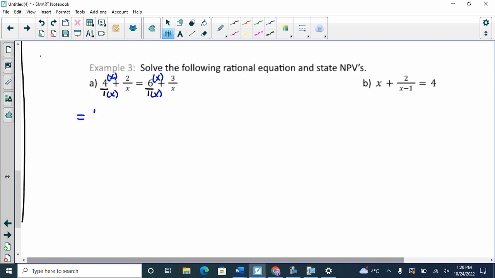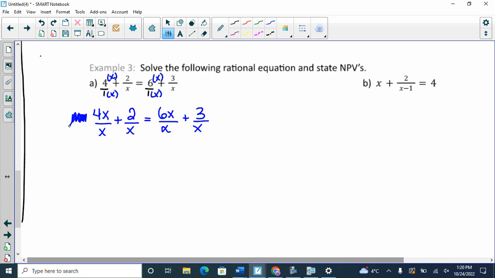4x over x plus 2 over x equals 6x over x plus 3 over x. So, once I get a common denominator, I write both sides over one denominator.